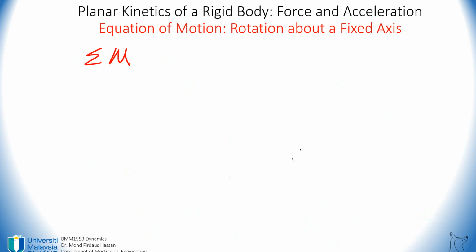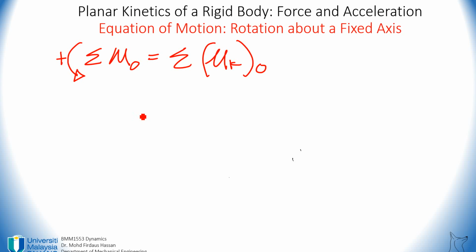If you choose, okay, we choose summation of moment at O. At O, counterclockwise is positive, equal to summation of moment due to kinetics at O. Alright. So now you are calculating the moment at point O, not point G. Point O.